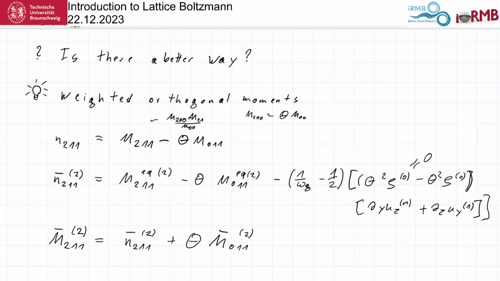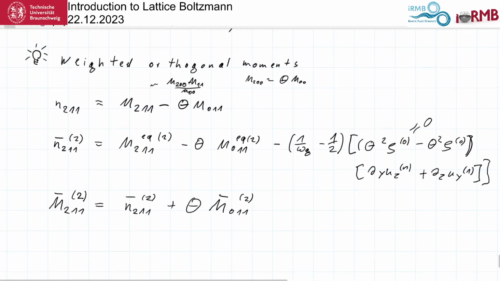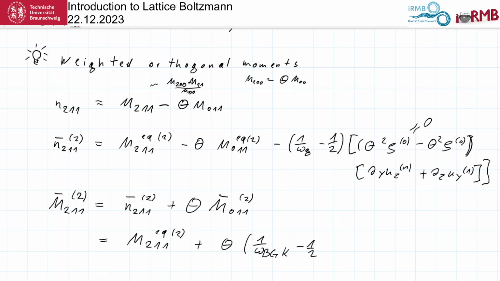So we recompute this, and now we plug in everything again, m11 equilibrium. So this is what's coming out, plus theta 1 over omega bgk minus 1/2, and you get theta rho 0.